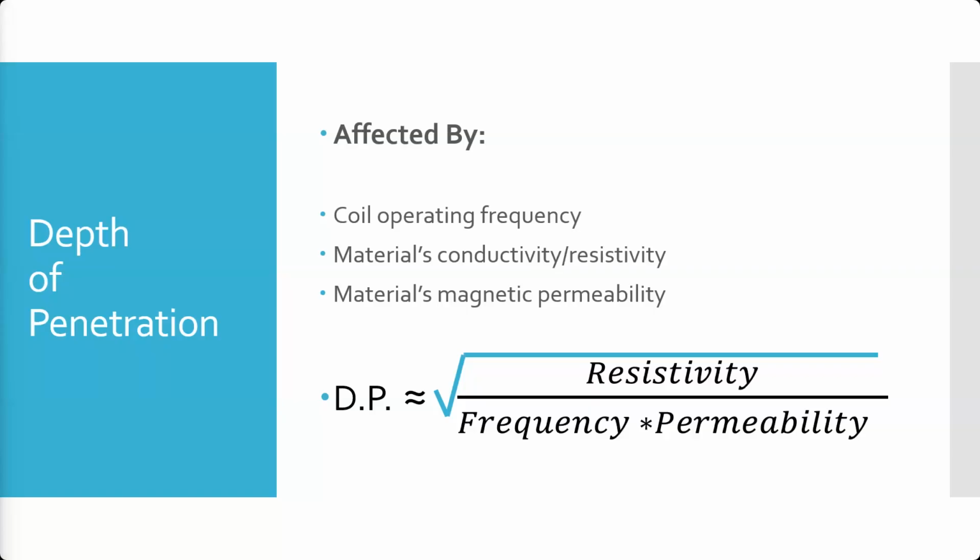If I want to look for corrosion on the backside of a material, what would I have to do? What kind of a frequency relative to what we were talking about before would I need to use? A lower frequency. I reduce my frequency. That reduces the amount of skin effect, the amount of currents forming right at the surface, and it allows that probe to get a greater depth of penetration.